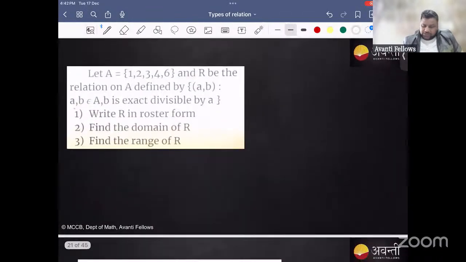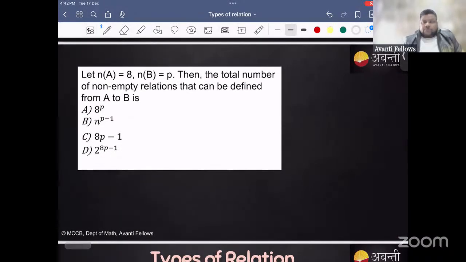Now see this one. A is {1, 2, 3, 4, 6}. R is a relation on A defined by (a, b), where a, b belong to A and b is exactly divisible by a. See, this is an easy question. You will do it. Now see this one. Set A has 8 elements. Set B has p elements. What is the total number of non-empty relations that can be defined from A to B?